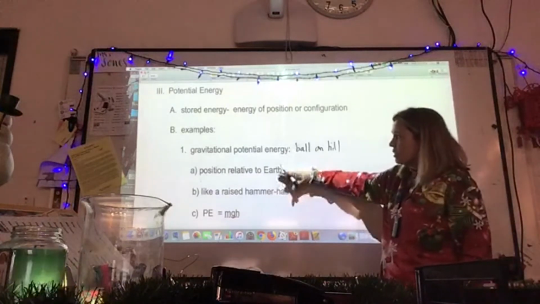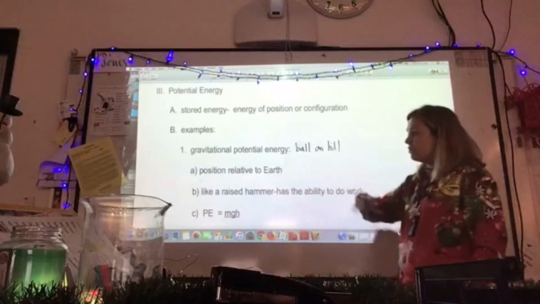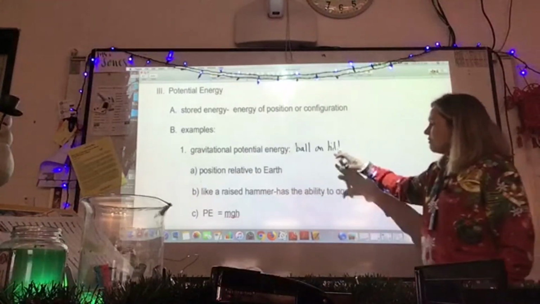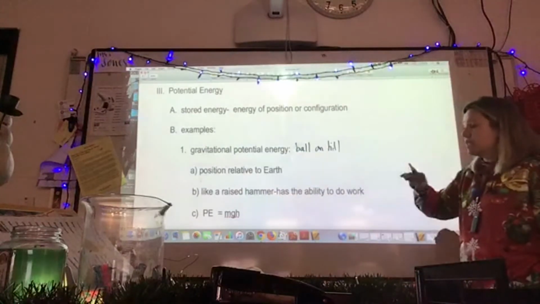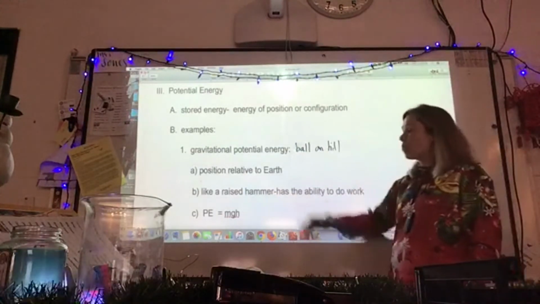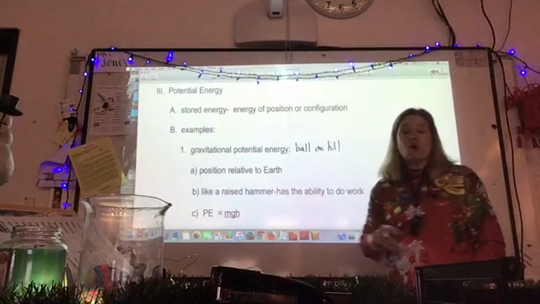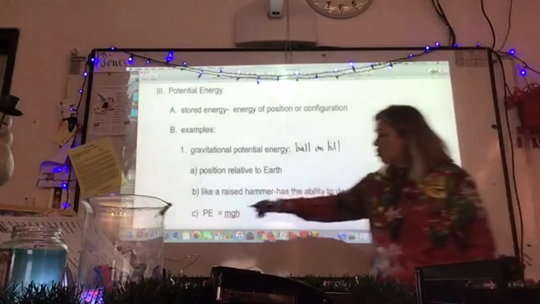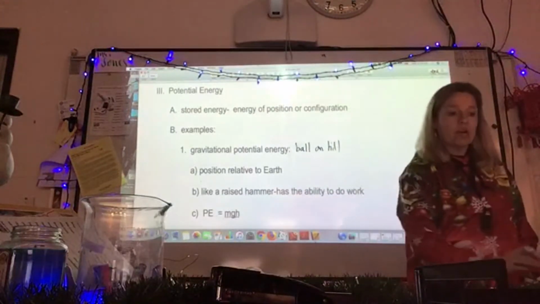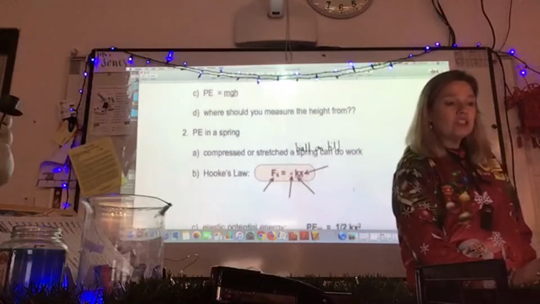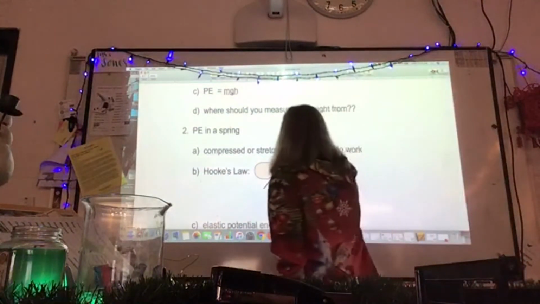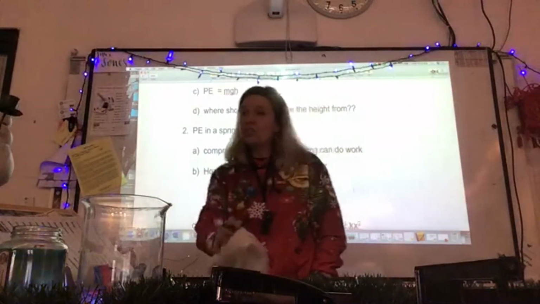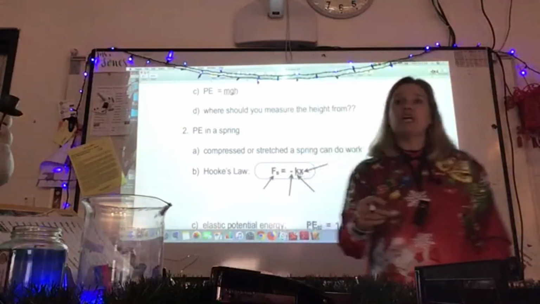And so that really is a position relative to the Earth. Like a raised hammer has the ability to do work, or a ball on a hill, or a boulder up high. And guess what? It all comes down to this. Didn't we see this already? mgh. Because we said before work was mgh.